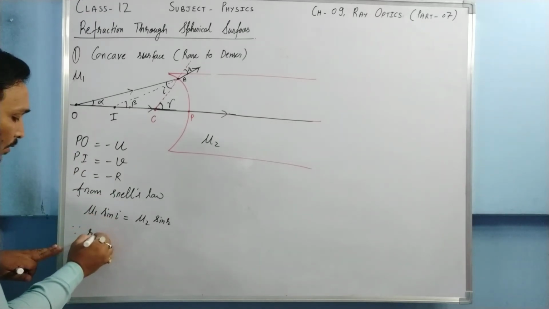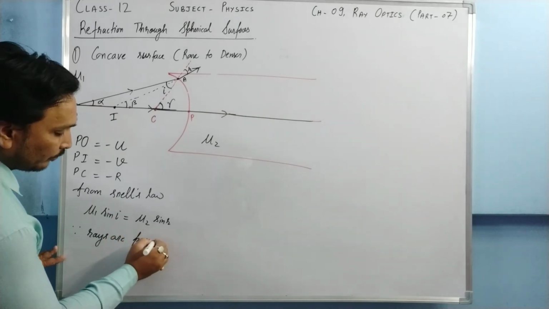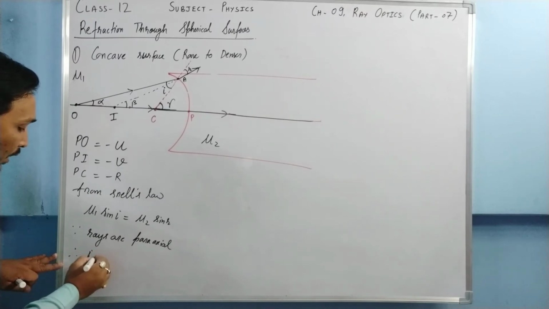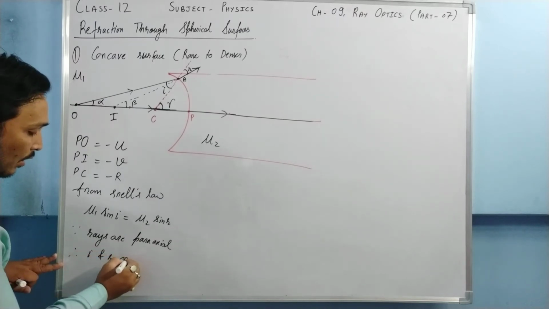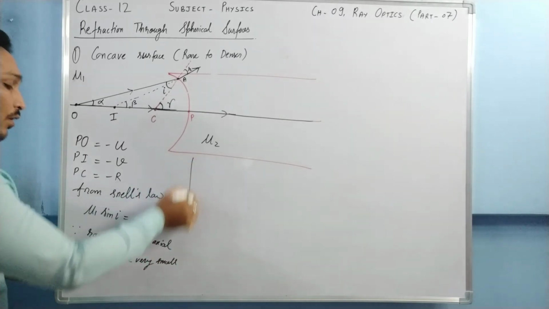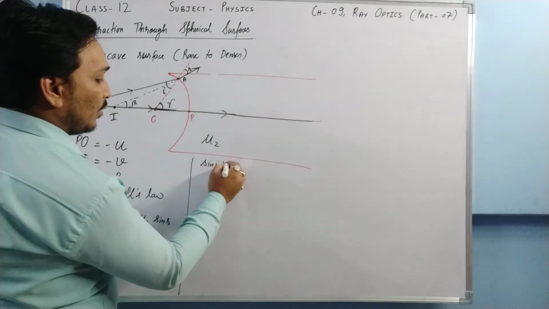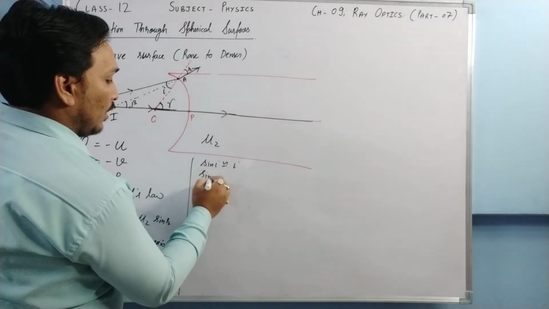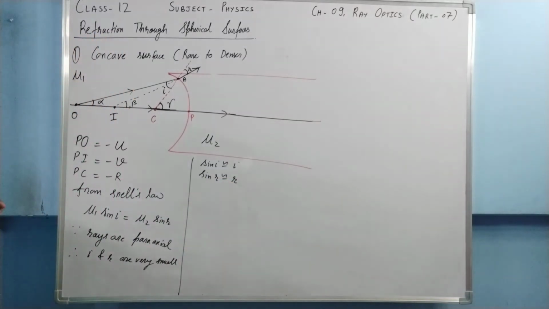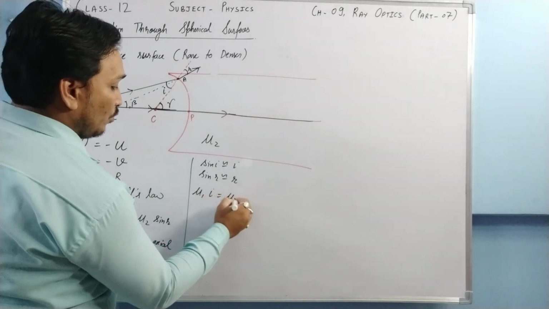Since rays are paraxial, i and r are very small, and if they are very small, we can consider that sin i is approximately equal to i and sin r is approximately equal to r. So if I put it over there, I'll have mu1 i is equal to mu2 r.